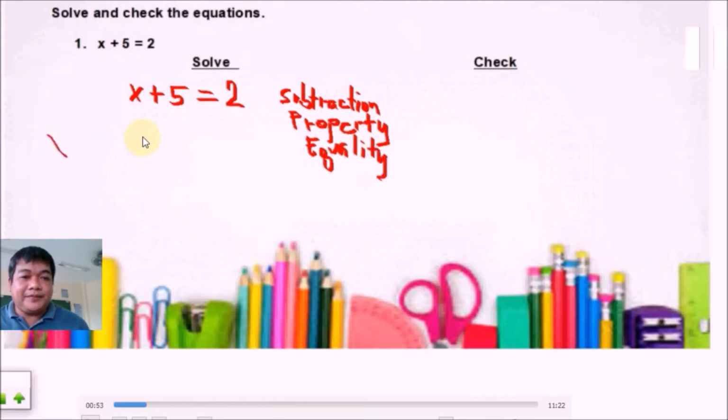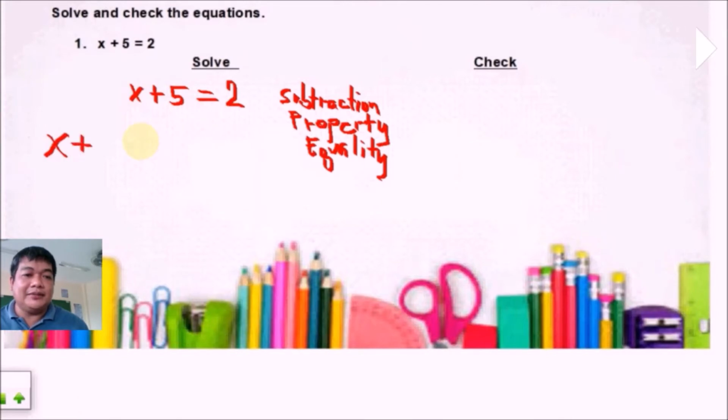Now, in order to solve for the value of x, what number are we going to subtract from 5 so that x will remain?